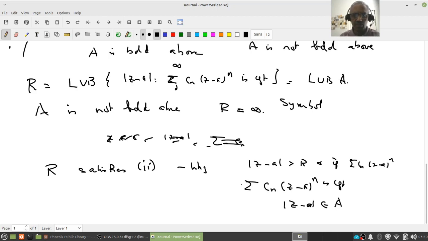But R is the LUB. You understand? This is in the case when A is bounded above. If A is not bounded above, then there is no problem. Because what does it mean? You want to say mod z minus a is greater than infinity, then it has no meaning. Do you follow that? Therefore, R satisfies condition 2.